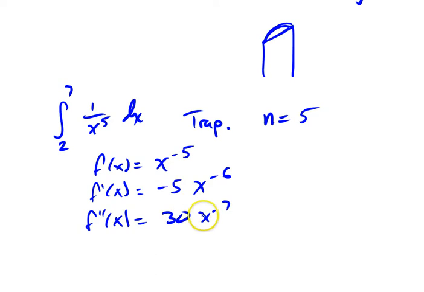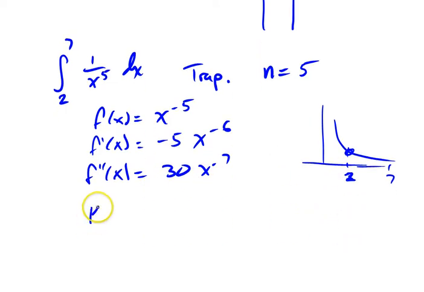But if I know anything about this function, x to the negative 7 power is a decaying curve like that. The 30 just scales it up. But the point is, for positive values of x, this is getting smaller as x gets bigger. So I'm going from 2 to 7. The second derivative is going to be as big as possible at the endpoint of 2.